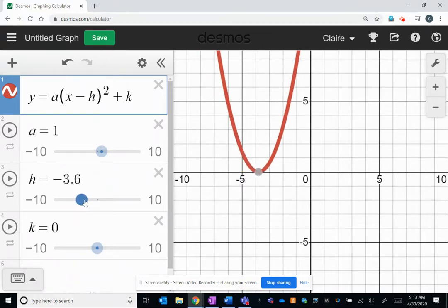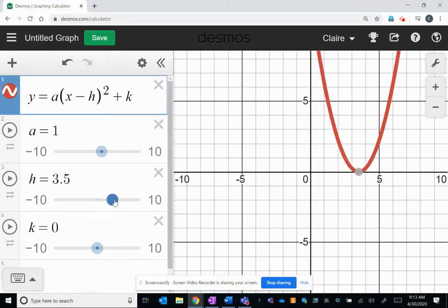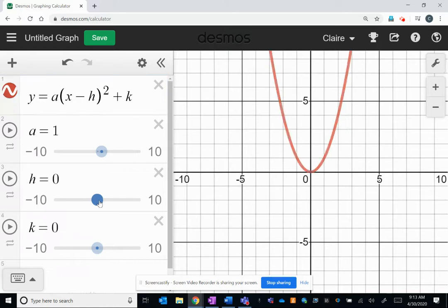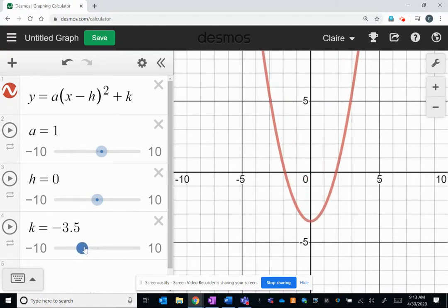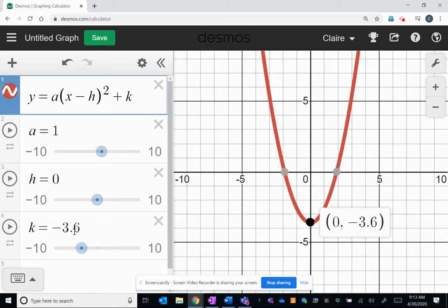So if h moves the parabola to the left and to the right, what's k going to do? K will move the parabola up and down. So again, if I take a close look at that value, I can click on that vertex. -3.6, -3.6.